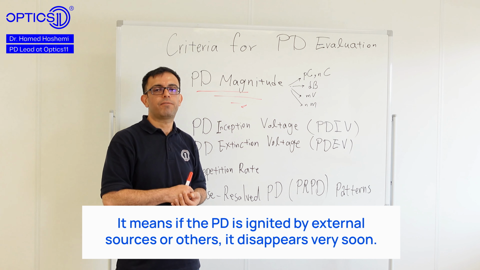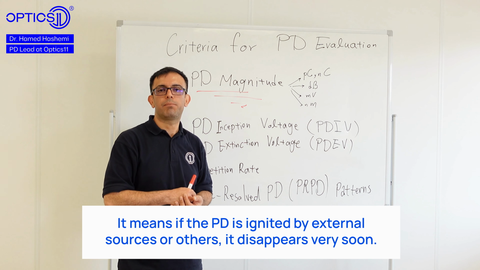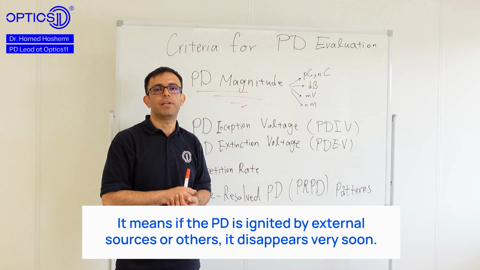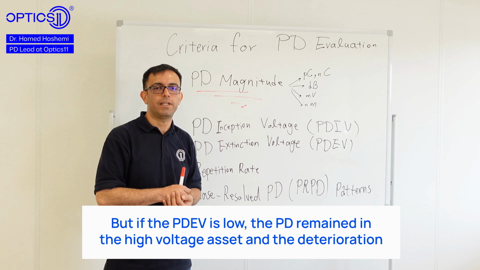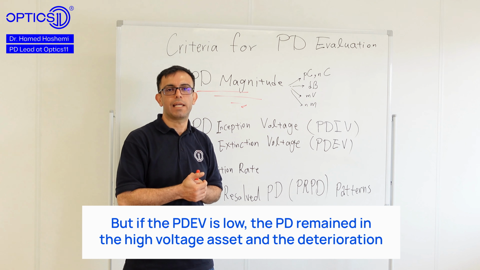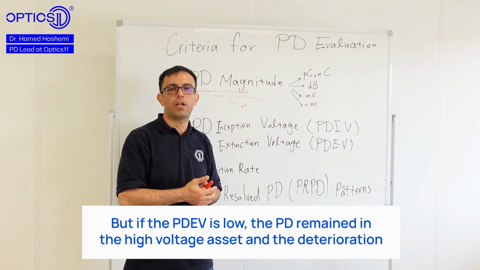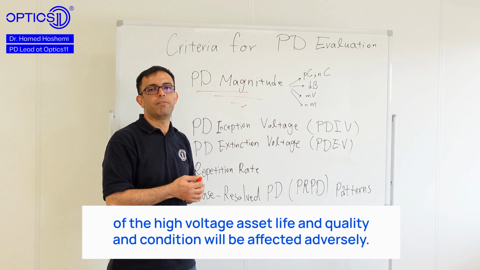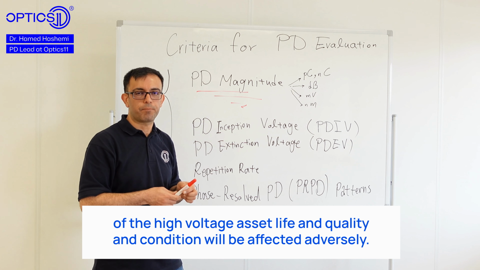It means if the PD is ignited by external sources or others, it disappears very soon. But if the PDEV is low, the PD remains in the high voltage asset, and the life, quality and condition of the high voltage asset will be affected adversely.